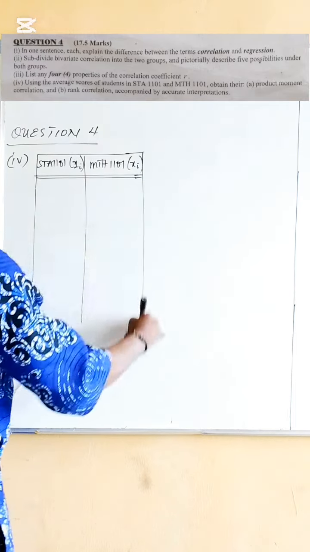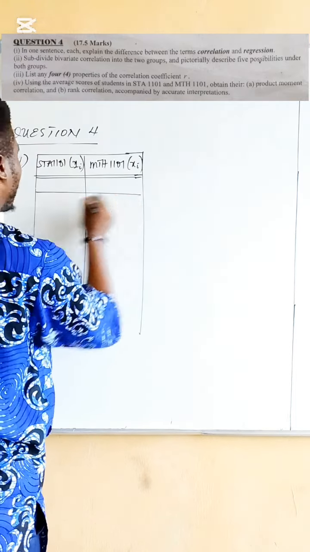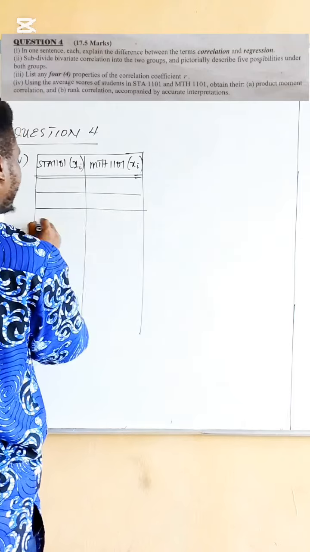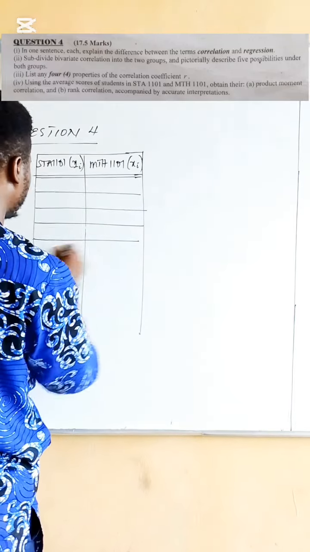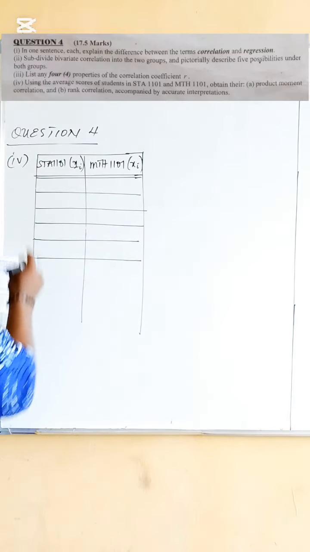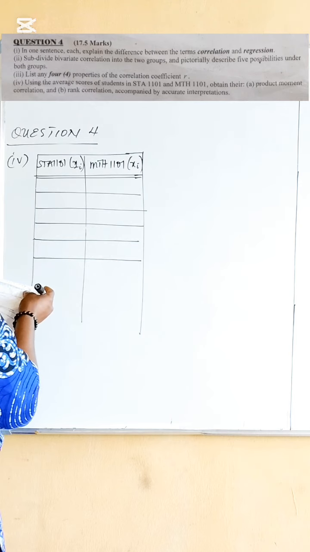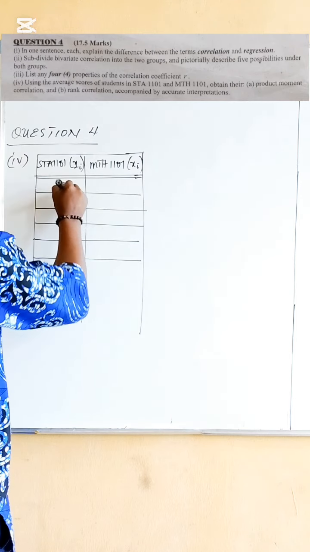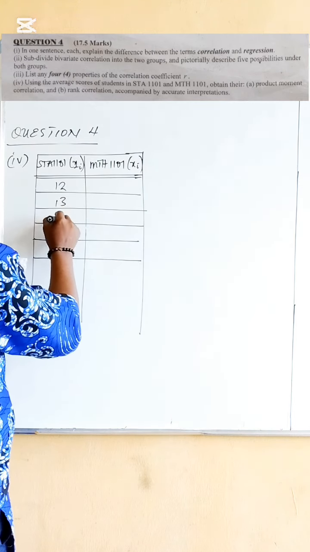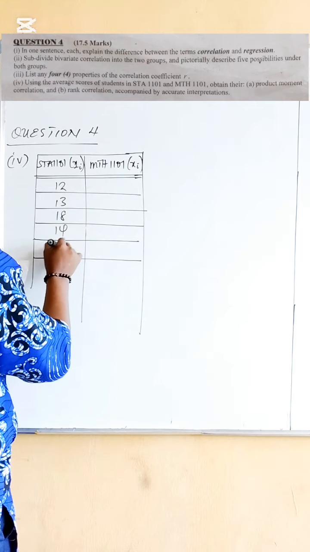So please go back to the questions that involve this table. I'm going to bring out the data as it is in the question. For STA 1101, we had 12, 13, 18, 14, 16.